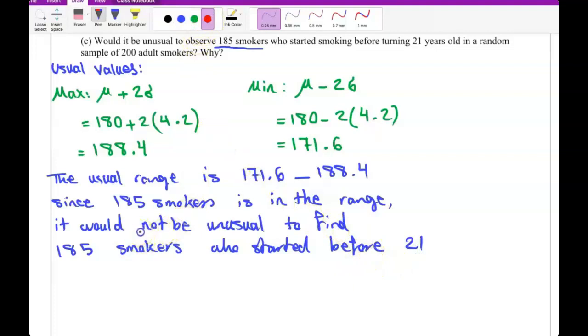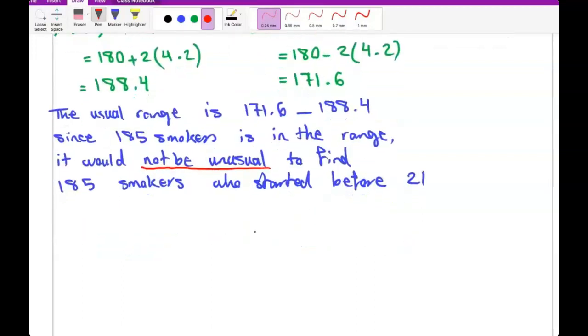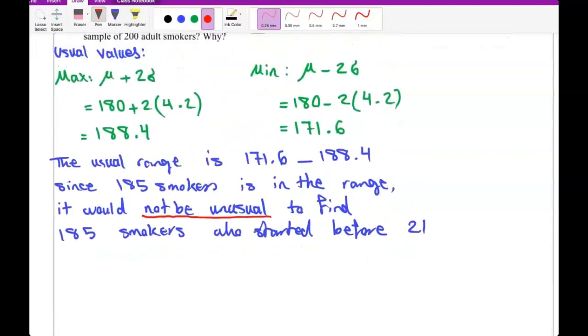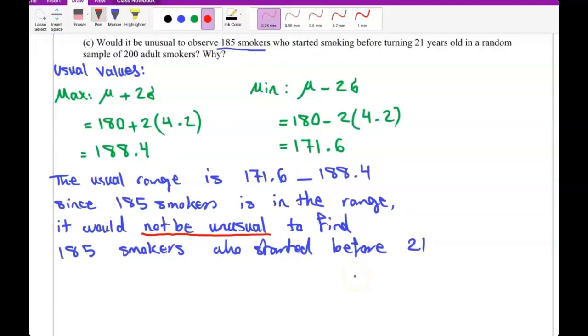Okay, so the answer for this part was not unusual. Okay, we finished this part. And later we'll start the next section from another chapter. Okay, take care. Bye-bye.